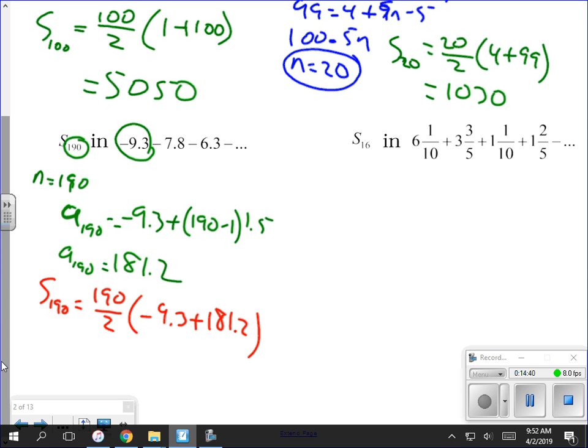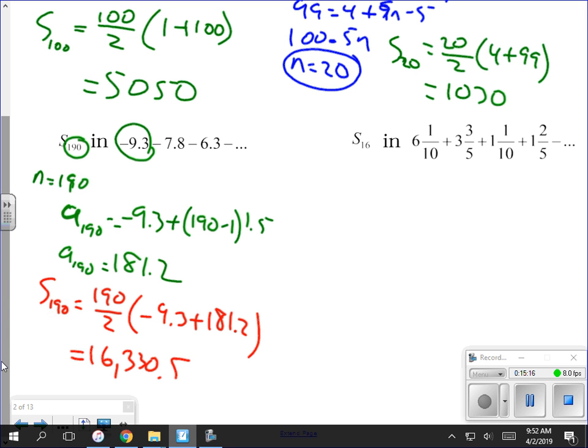No, 181.2 is the term, not how many there are. I got 190 terms in my sequence. The first one is negative 9.3. The last one was 181.2. And when you add them all together, you get 16,330 and a half.